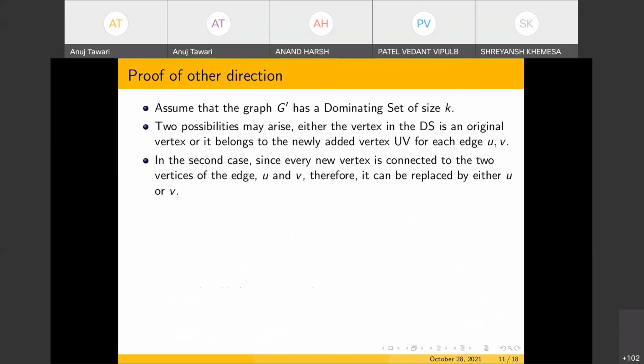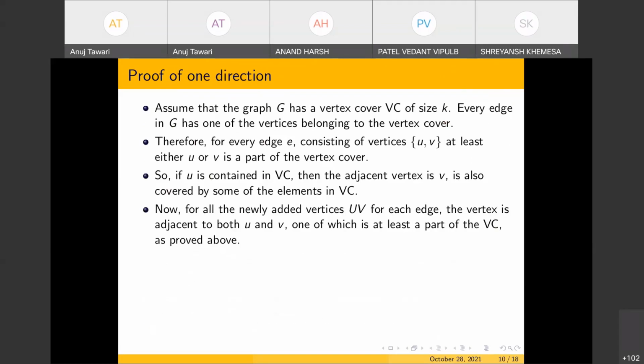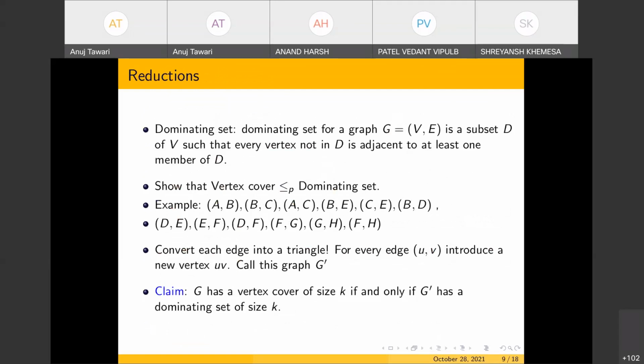Let me just go back to that definition. No, it was not here. Okay. Yeah, so we converted every edge to a triangle. For every edge UV, we introduced a new vertex UV and connected it with both U and V. So this is the definition of this new vertex.